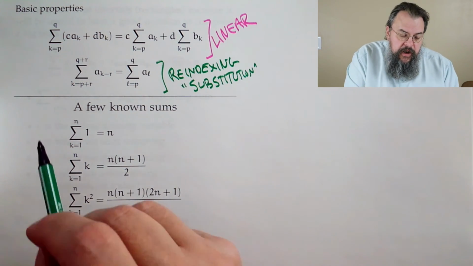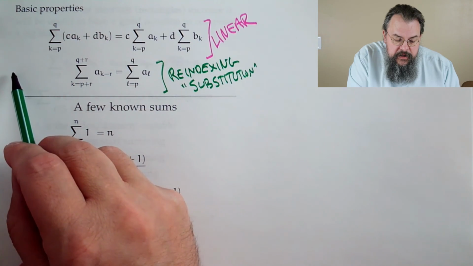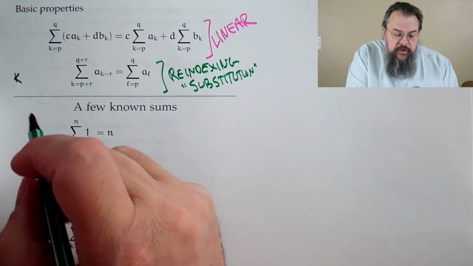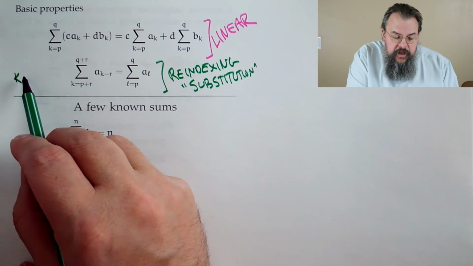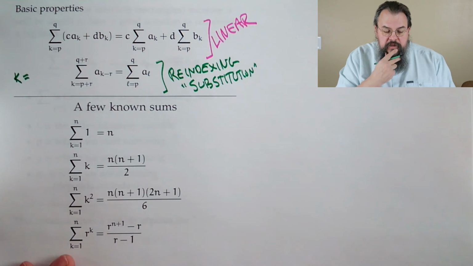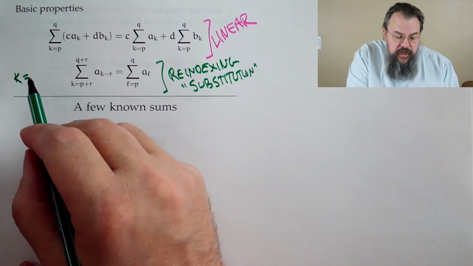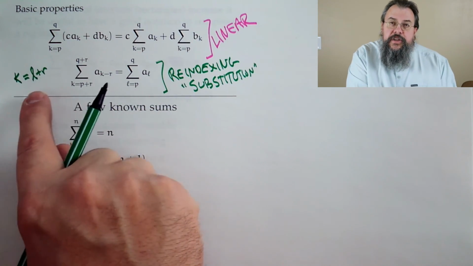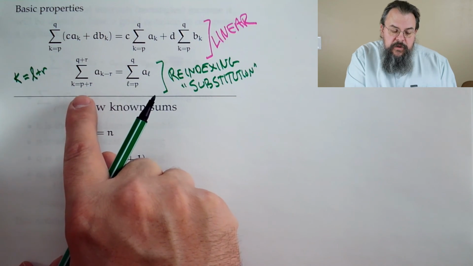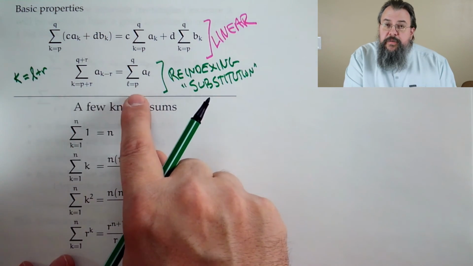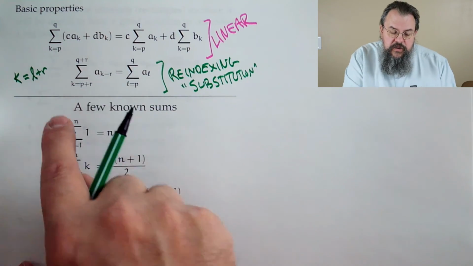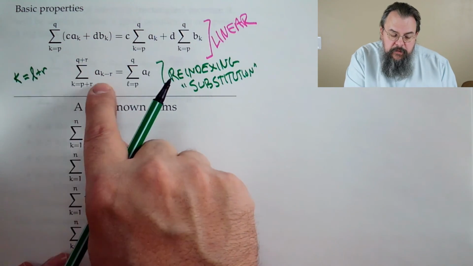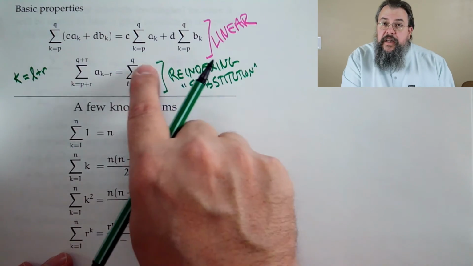I'm going to let k be equal to, let's see, I want to make sure we get this right, L plus R. And so there's this direct relationship. What corresponds to p plus r here corresponds to p there. And now what happens? Everywhere you see k in this expression here, replace it by L, and you get that expression there.